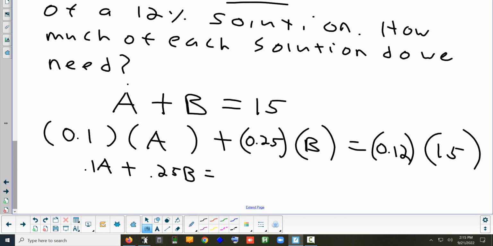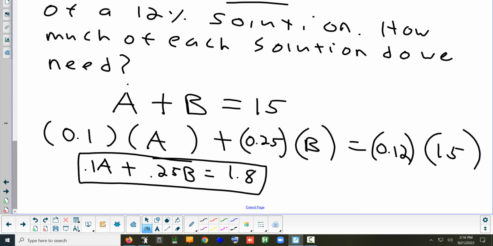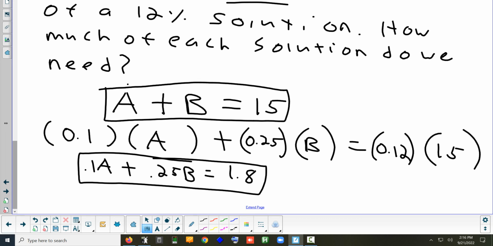What's 0.12 times 15? 1.8. Okay. All right, so here is the simplified version of that equation. And here is my other equation.